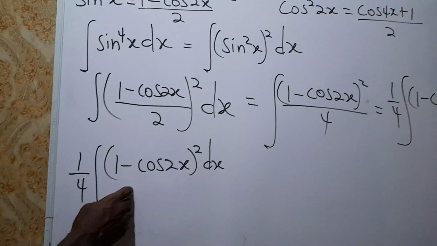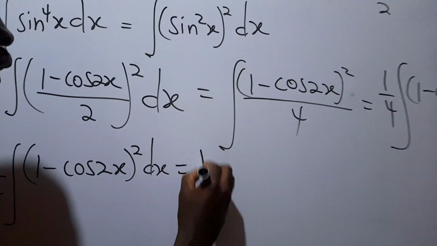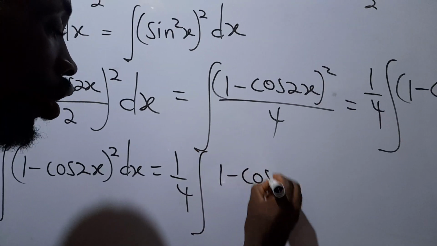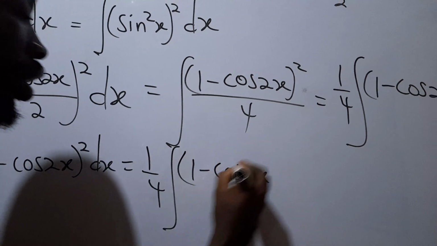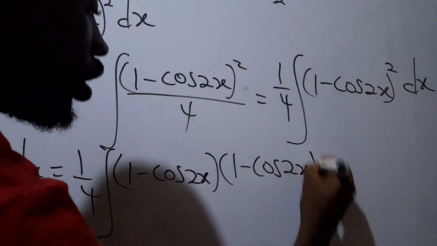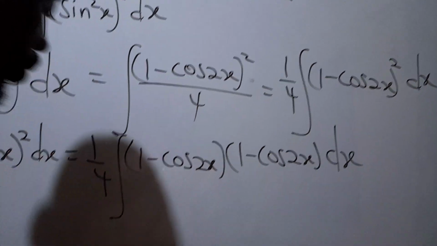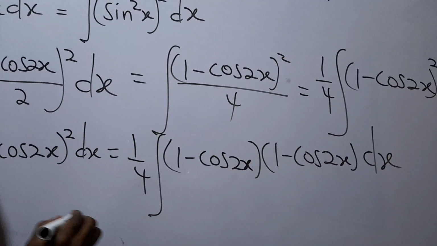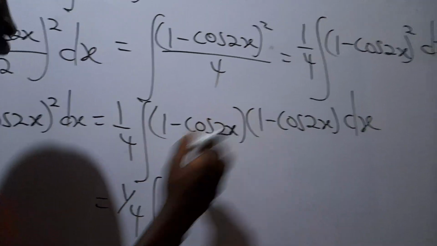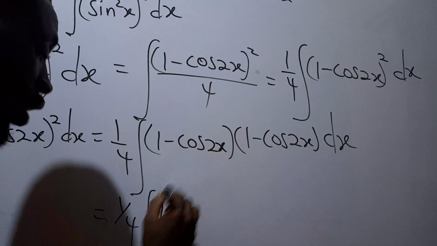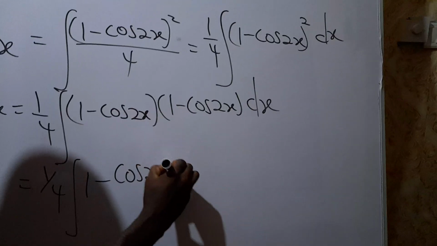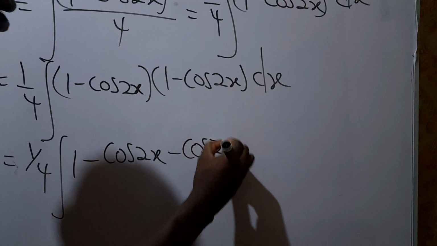So we can expand this. We'll have 1/4 the integral of 1 minus cos 2x, another 1 minus cos 2x dx. So when we expand, we'll have 1/4 the integral of this times this will be 1. This times that will be minus cos 2x. Then this will be minus cos 2x.